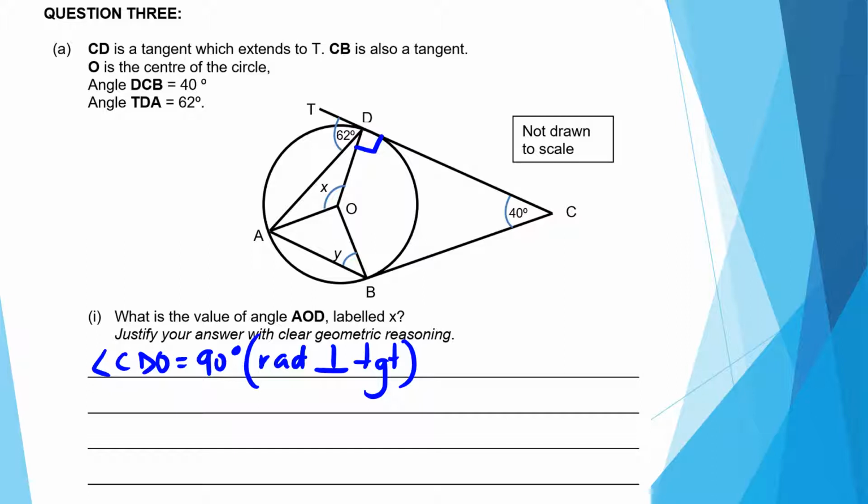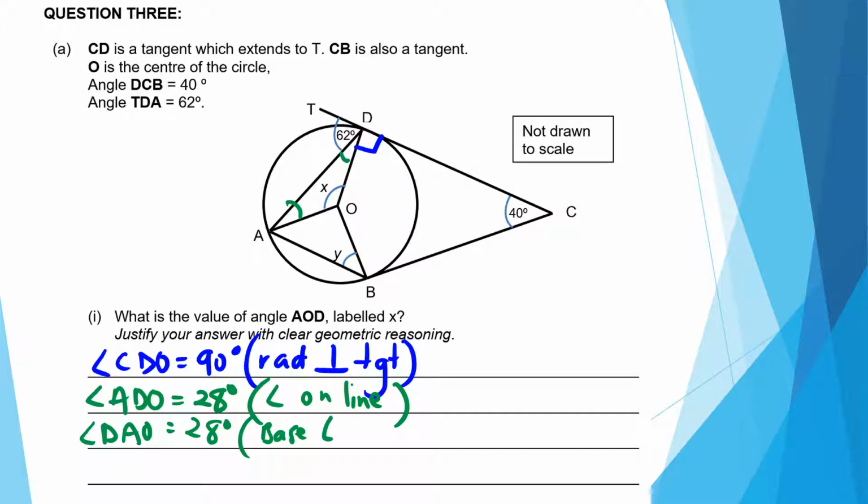It means that this angle in here, angle ADO, must equal 28 degrees, and because it's angles on a line, angle DAO also equals 28 degrees, and it's because they are base angles of an isosceles triangle with equal radii. That's our reason.